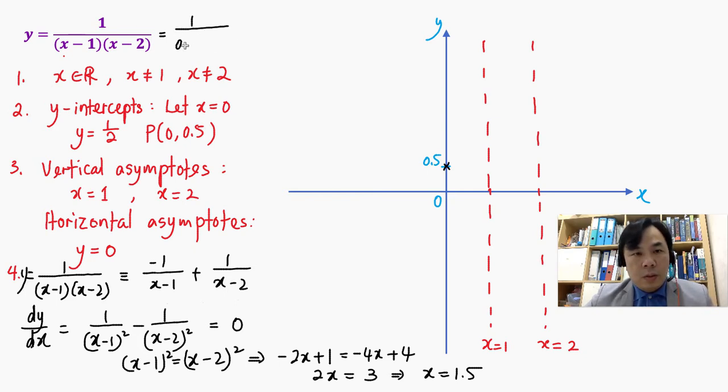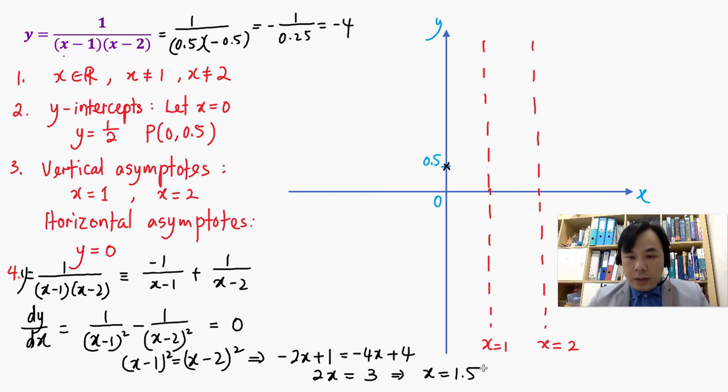So this one will be 0.5 by negative 0.5 here. So I'm actually getting negative 1 over 0.25 here. So therefore we have a negative 4, at x equal to 1.5. So most probably somewhere here, if I want to make it more realistic. All right. So that's where my stationary point is located.